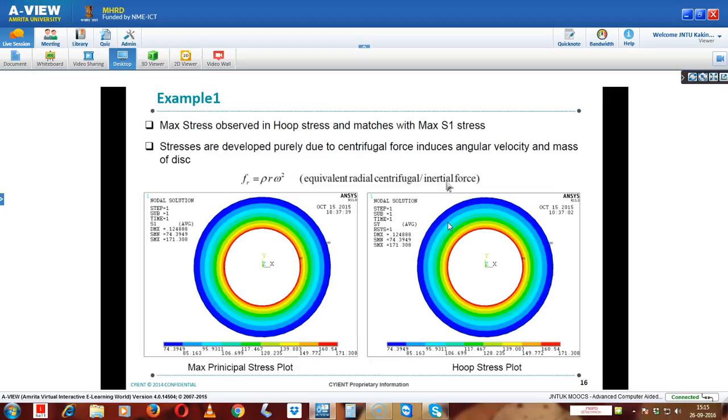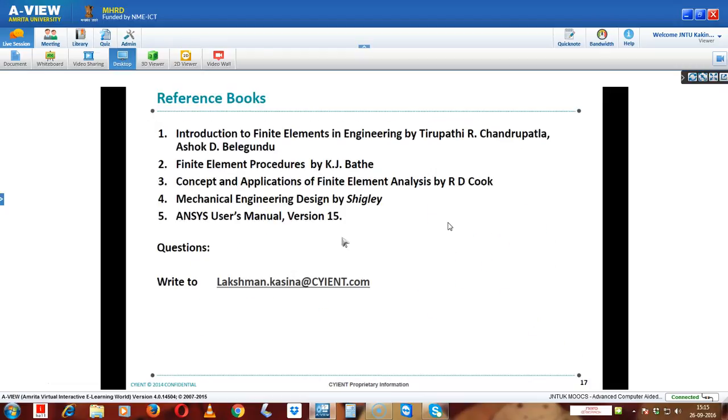But just in brief, the maximum stress observed is the hoop stress, and it matches S1. I plotted two stresses: S1, the maximum principal stress, and hoop stress, which is along the tangential direction. Both match. These stresses are purely developed by centrifugal force, that is density times R times omega square, because it is subjected to uniform rotation.